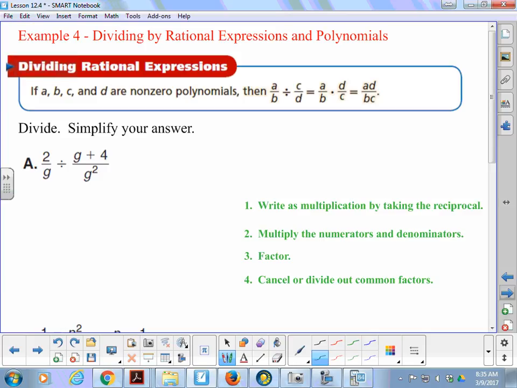So if A over B divided by C over D, that's the same as A over B times D over C. We copy down the first fraction, change it to multiplication, and then the second fraction. So 2 over G times G squared over G plus 4.